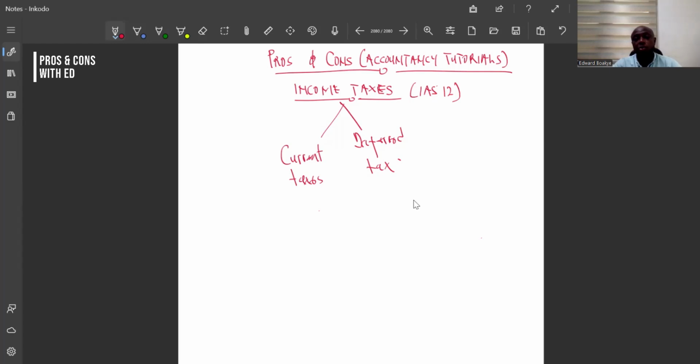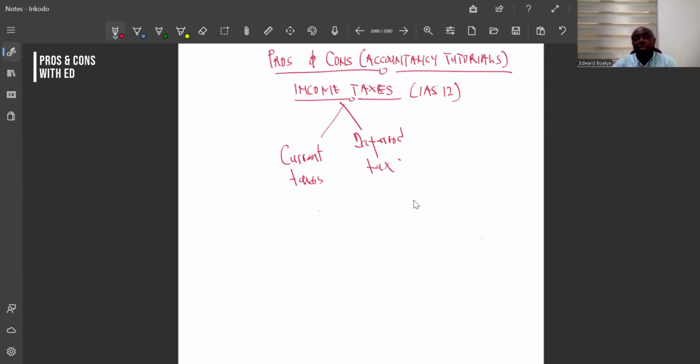So without much ado, let's go on and understand what we mean by a deferred tax. In simple terms, under IAS 12, a deferred tax is more or less a notional amount that is also levied, but this notional amount is calculated on what we call a temporary difference.